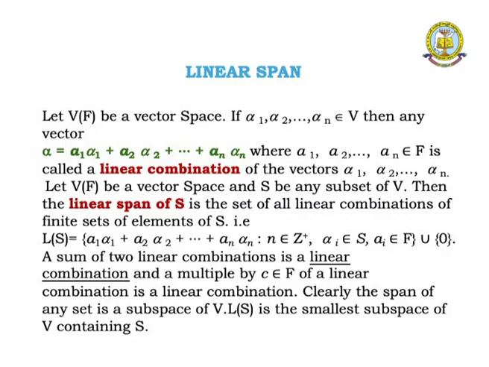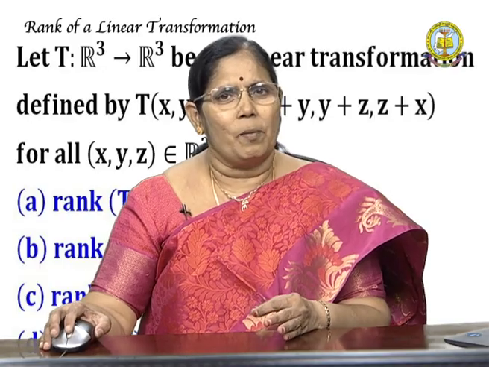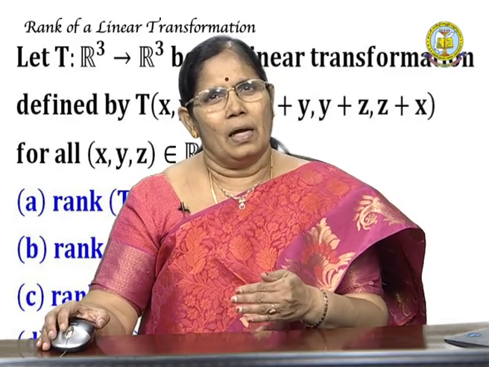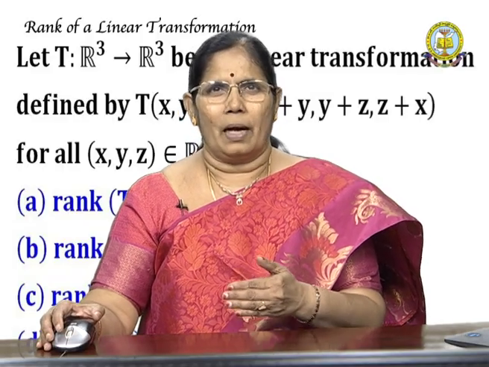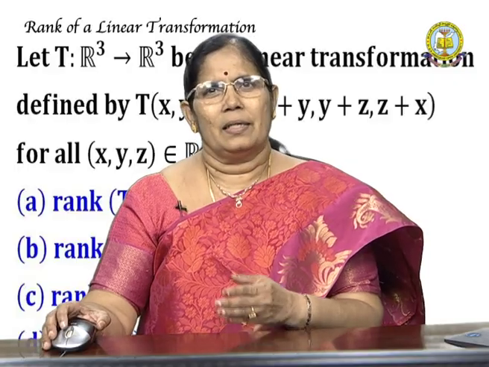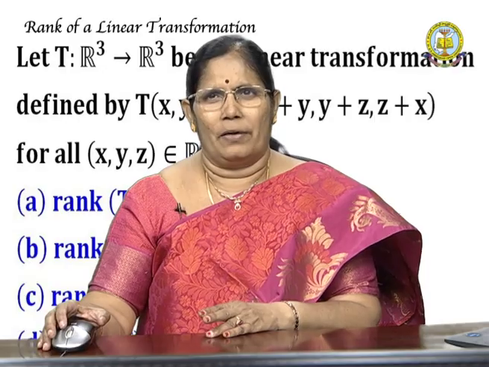If you consider the set of all these linear combinations of vectors, then it is called the linear span of S, and this linear span contains only the linear combinations of elements of S, and it is the smallest subspace. No need to verify, because if you take alpha, beta belongs to L of S, then a alpha plus b beta also belongs to L of S. Why?